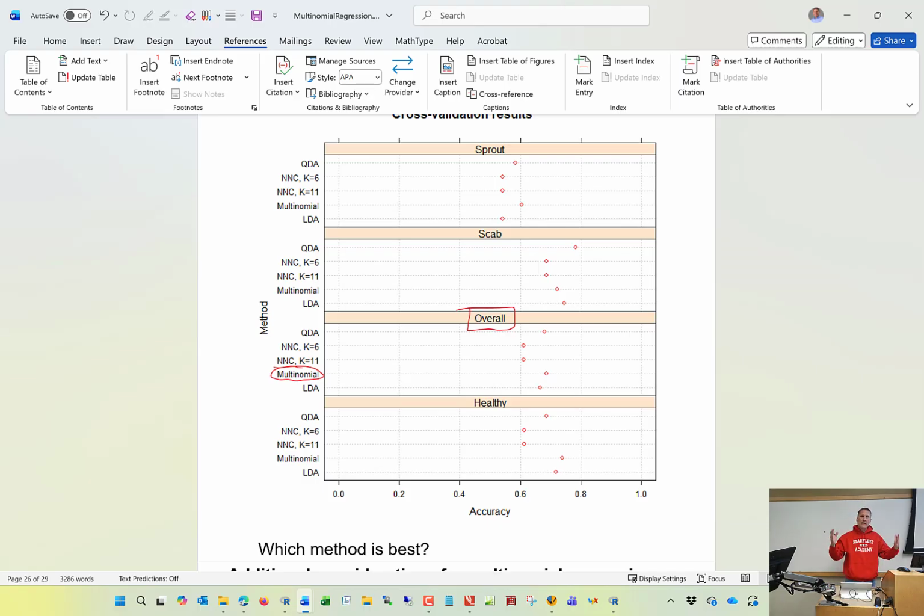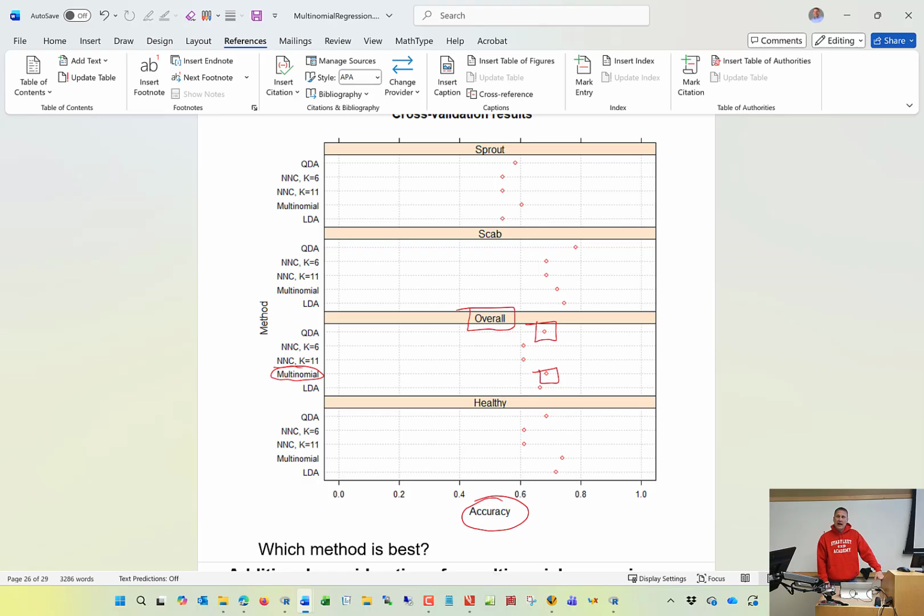From these methods, we can see that essentially multinomial regression and quadratic discriminant analysis perform the best relative to accuracy overall. If overall accuracy was what was most important, I would basically choose one of those two methods.